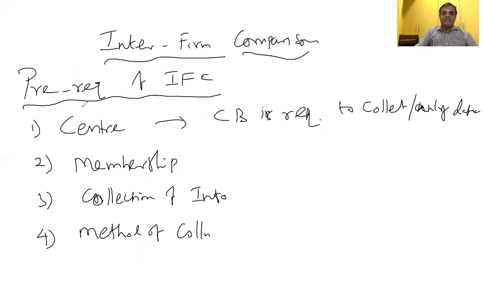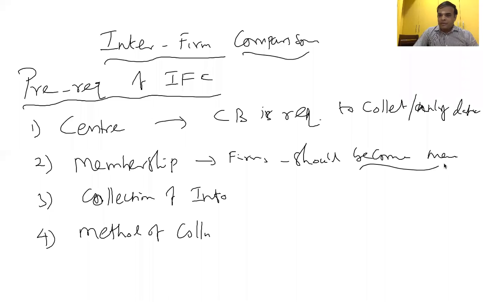So first we need a center. Prerequisites for inter-firm comparison: first we need a center for the purpose of comparison. Then membership. Firms in the same industry should become members. So they should become a member.